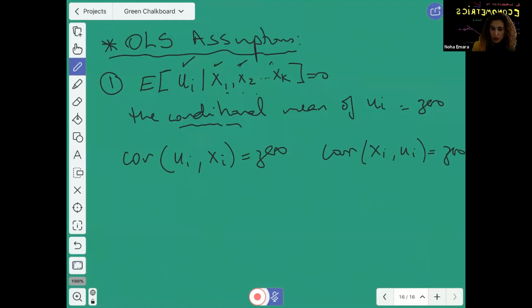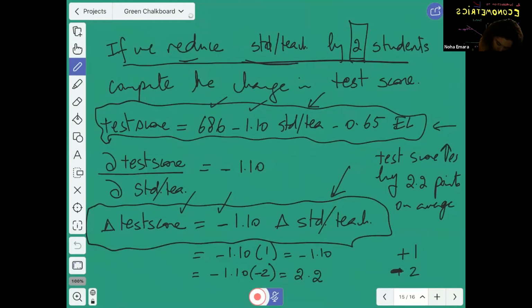In other words, any included regressor, any included x in the model, is not related to any variable that I left out. I might have other factors that I left out, and they are included in the error term.